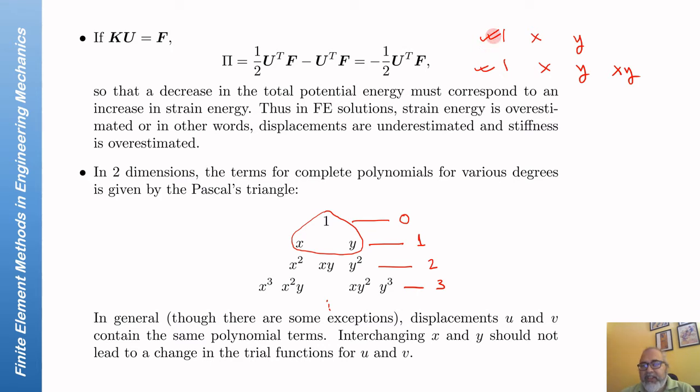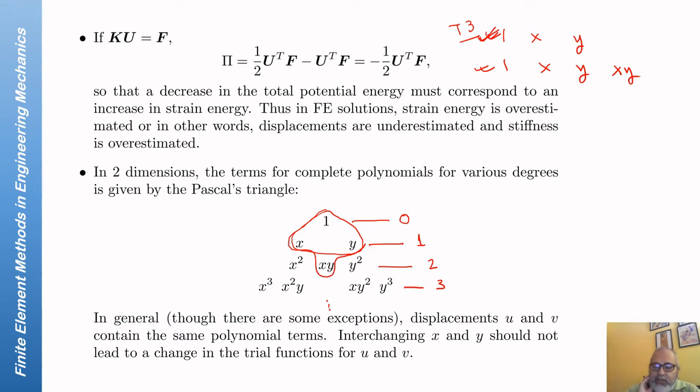Okay, and you can see that this choice that we made for T3 is a complete first order polynomial. In case of Q4, where we chose 1, x, y, and xy, we have chosen a first order polynomial and part of a second order polynomial, but not a complete second order polynomial. So when you choose 1, x, y, xy, you have left out x square and y square, and therefore your polynomial is not a complete second order polynomial.